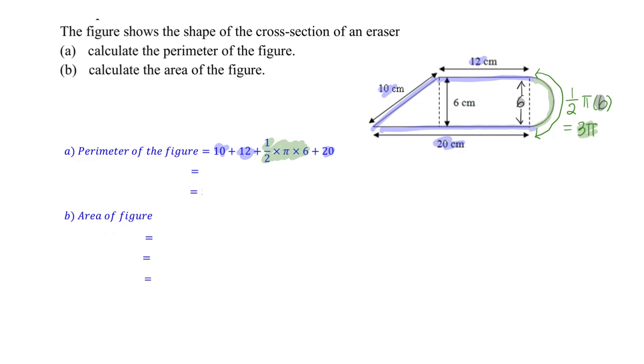So from here you can slowly do the calculation. You eventually get 42 plus 3 pi, and finally 51.4 cm when I round it off to 3 significant figures.